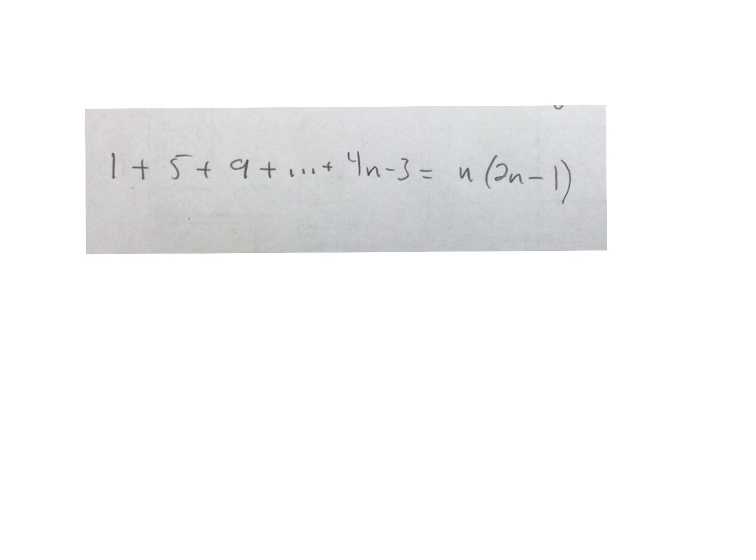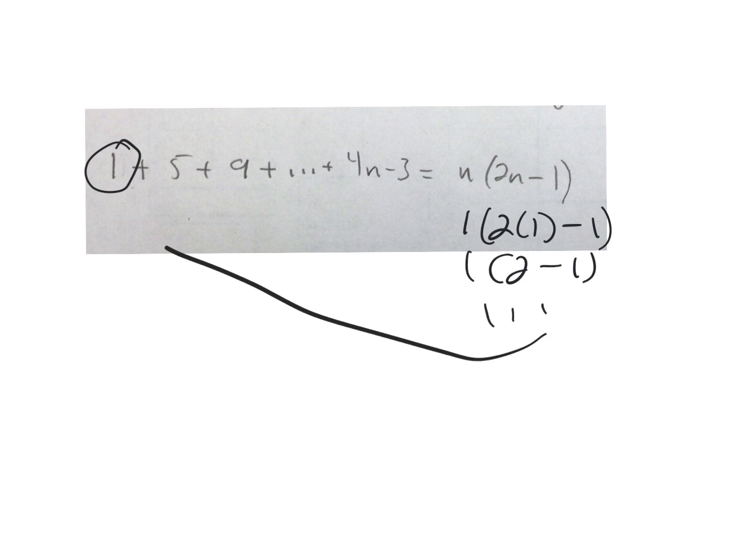So I know that the first term, if I'm looking for the very first sum, is just that number, 1. So let's plug 1 into our summation formula over here, except it's not 3. 2 times 1 minus 1, well, that's 2 minus 1 is 1, and 1 times 1 is 1, which is the first sum. How about the second sum?